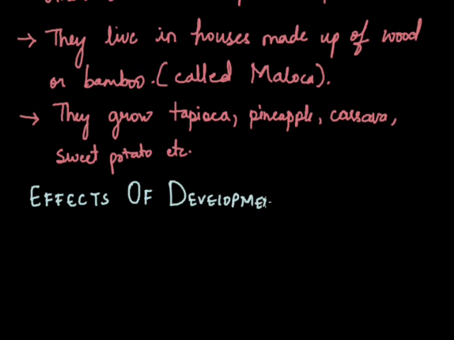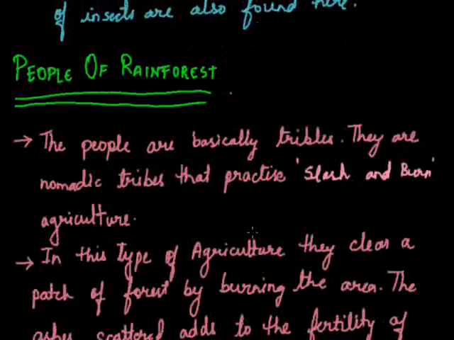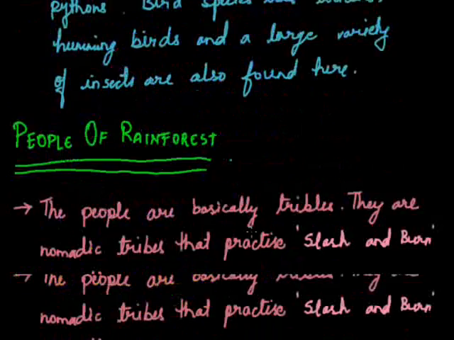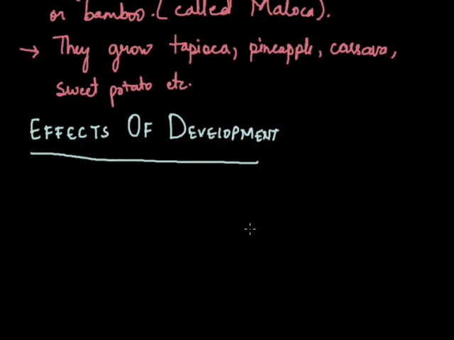Now we see that a trans-Amazonian highway is being constructed, which passes through the Amazon basin, and this is affecting the lives of the people, the lives of the animals, and the environment, the trees, which is witnessing a negative effect.